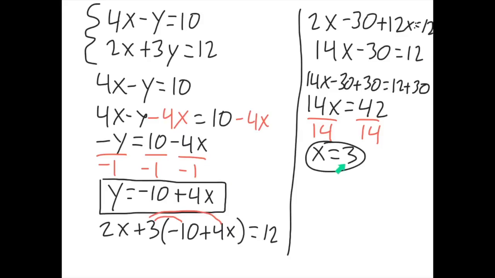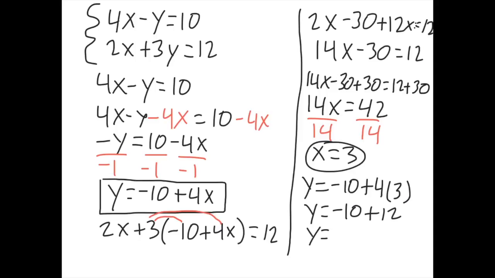So now that we've got x equals 3, we can go back and plug it back into the important equation where we had already solved for y. So we rewrite the equation, y equals negative 10 plus 4, and instead of x, we can say 3. So we have y equals negative 10 plus 4 times 3 is 12.